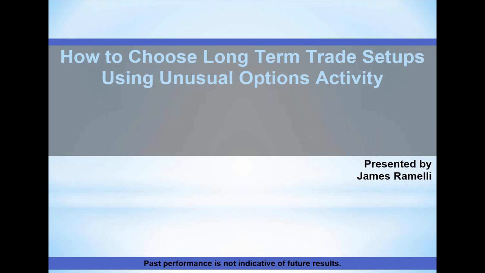Then after we're done with all of that, once I've identified this unusual options activity, how do I take advantage of that order flow and the information I can glean from it in an actionable trading plan? So at any point, if you have any questions, please feel free to ask. But we're just going to jump right in here.